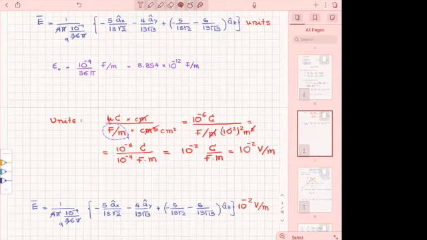And then I have 1/centimeter squared because I simplify things. I change centimeters to meters.